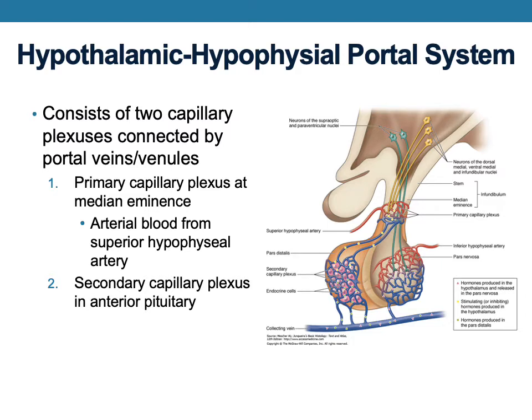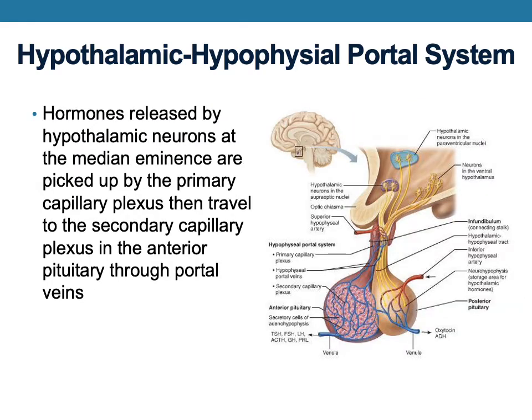It receives arterial blood from the superior hypophyseal artery. The second capillary plexus is located within the anterior pituitary gland itself. Hormones released by hypothalamic neurons at the median eminence are picked up by the primary capillary plexus, then travel to the secondary capillary plexus located in the anterior pituitary through the portal veins.